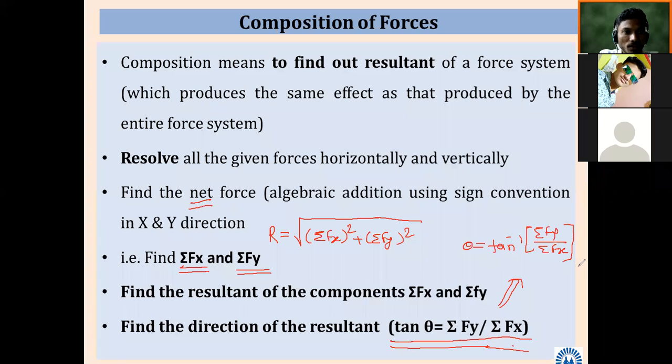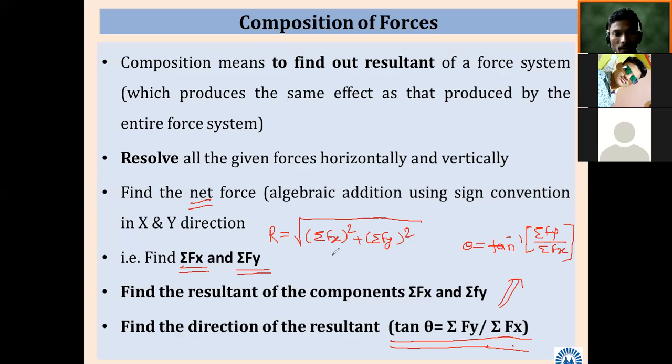So have you understood? A force system will be given, and we are going to solve an example immediately. In the force system we are supposed to find the horizontal and vertical components. Then we add all x components of each and every force, known as summation Fx.